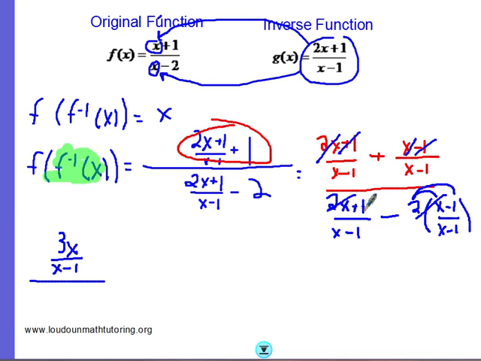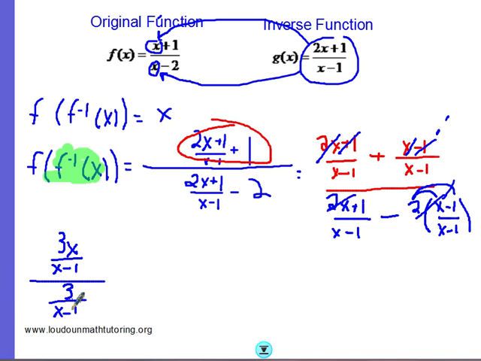You have 1 minus 2 times negative 1, which is 1 minus positive 2, which is 1 plus 2, which is 3. Okay, so what we did was we distributed, when we distribute that negative 2, it becomes negative 2x plus 2. Okay, so the 1 plus 2 becomes 3. All over the common denominator, which is x minus 1. Clean this up a little bit.